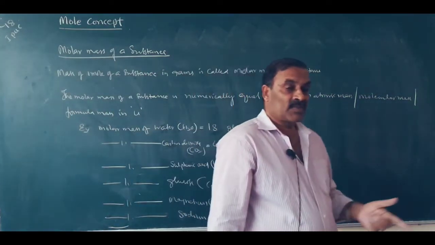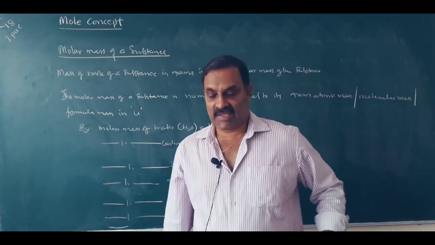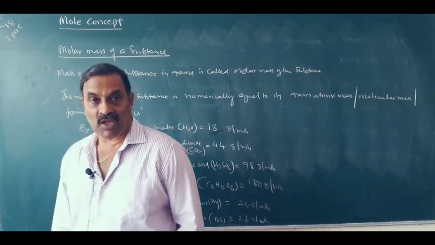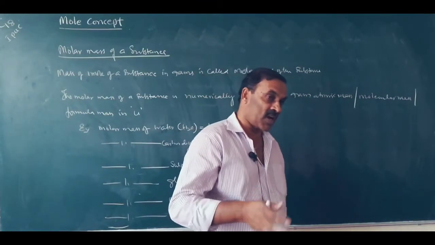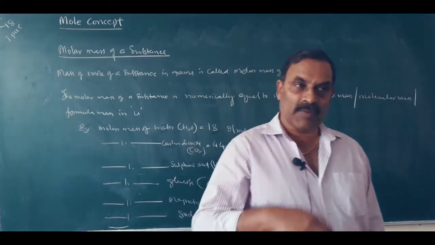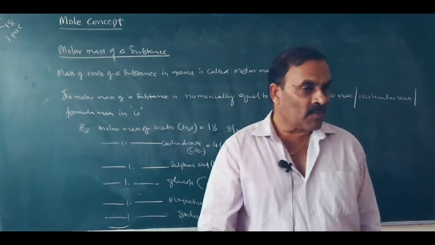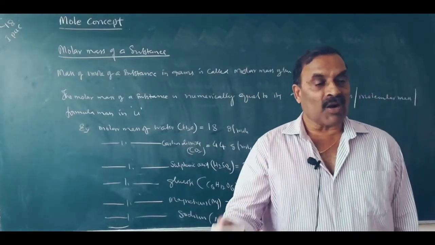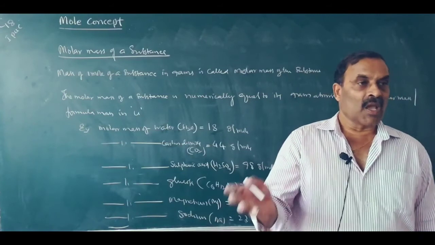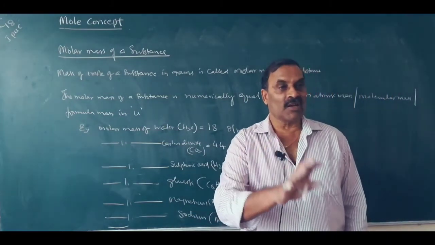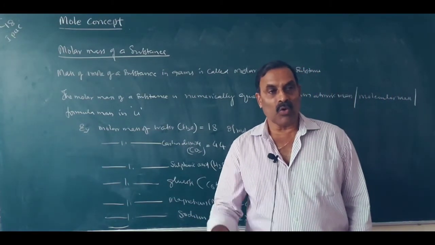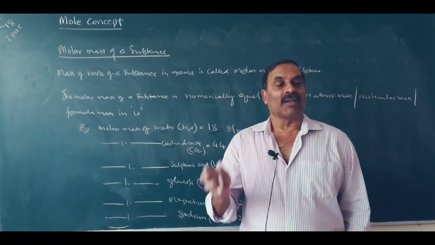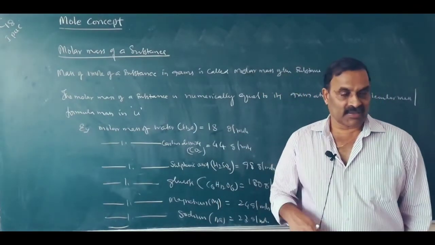Mass in grams of 1 mole of a substance means 1 mole of a substance contains Avogadro number of particles. It may be atoms, it may be molecules, or may be ions. 1 mole of molecules of a substance weighs its gram molecular mass. 1 mole of atoms of an element weighs its gram atomic mass.